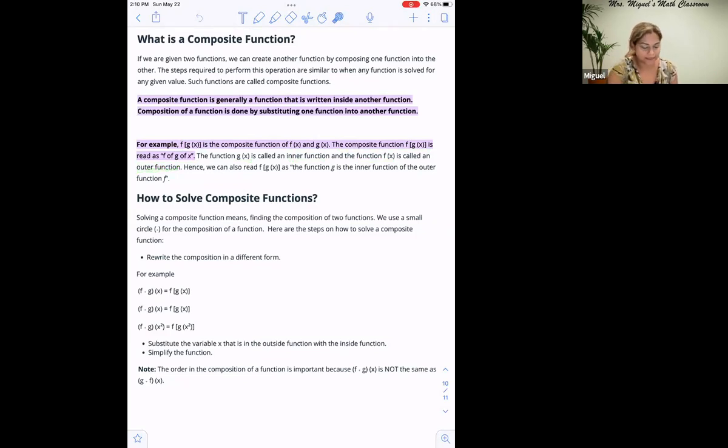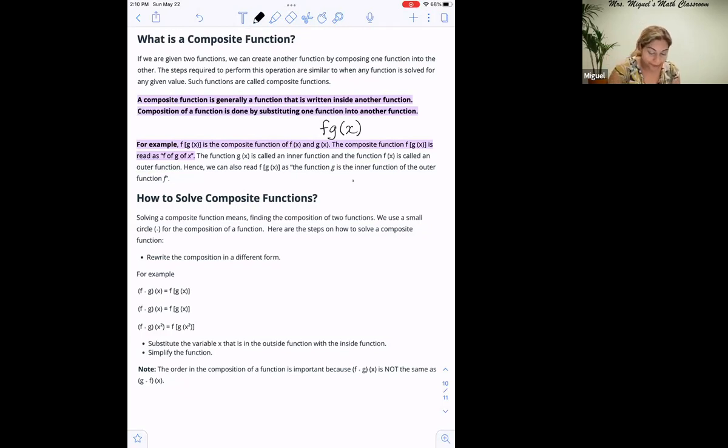Well, that makes sense, doesn't it? Because if we have f of g of x, f is on the outside, so common sense will tell you we call that the outer function. And because g comes after f, we call that the inner function. Hence, we can read f of g of x as the function g is the inner function of the outer function. Well, that's a little too confusing.